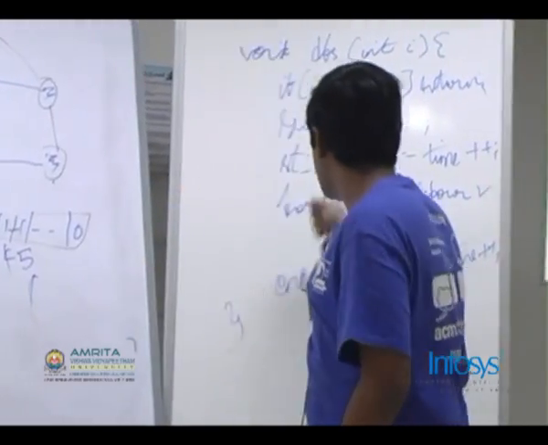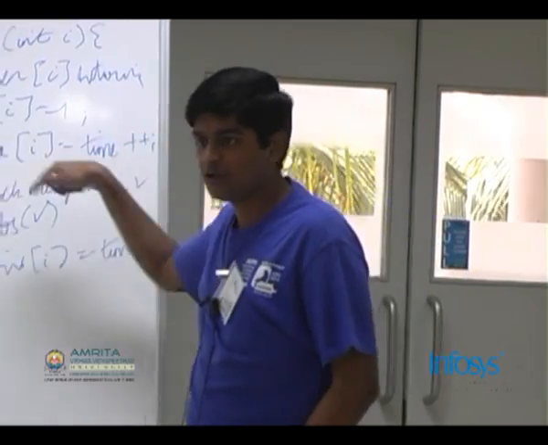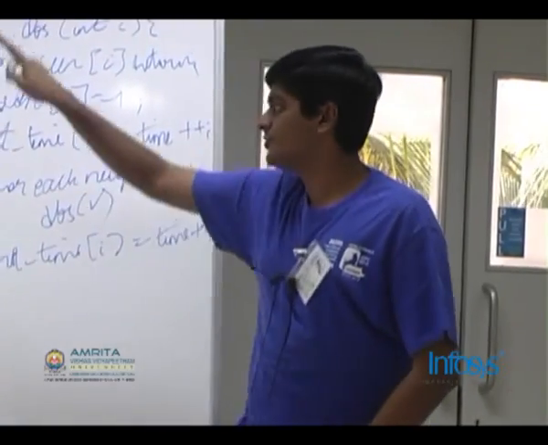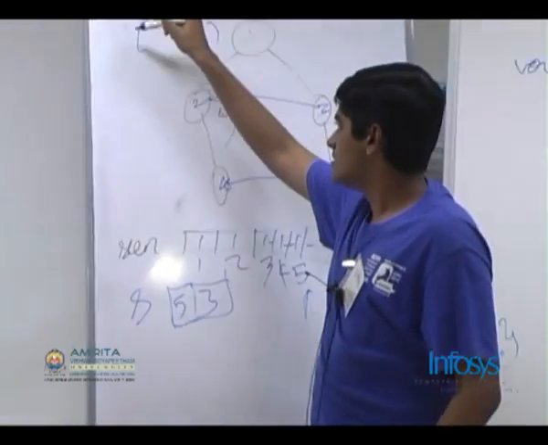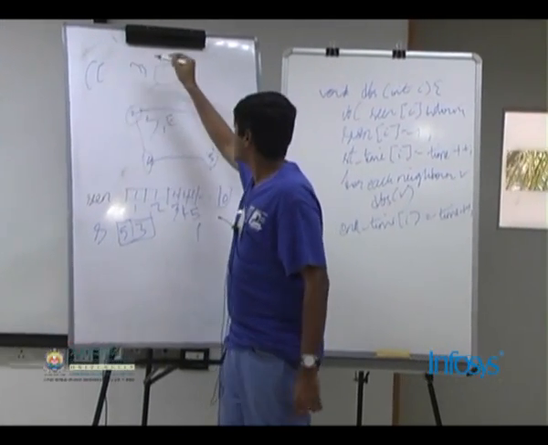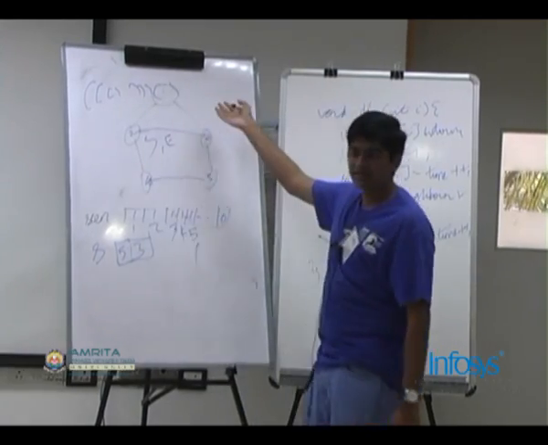So for each time interval, check whether it's the starting time of anything. If it's the starting time of at least one node, you denote it by an open parenthesis, and if it's the ending time of at least one node, you denote it by a closed parenthesis. So for each time interval, you will get a set of open and closed parentheses, correct? So you may get something like this.